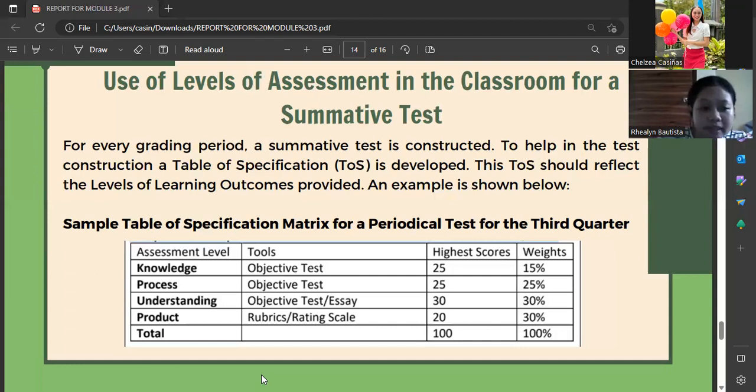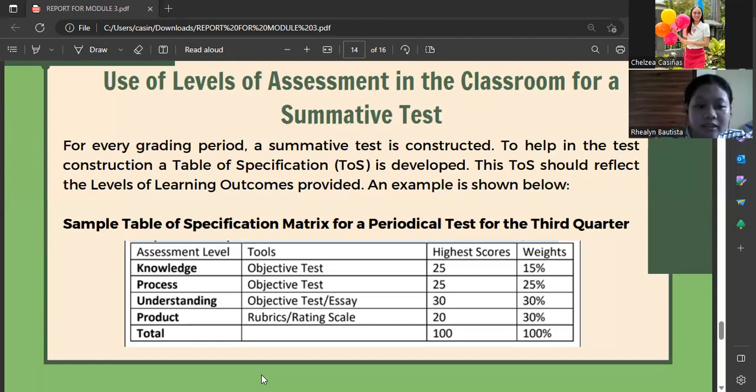Yung assessment level is knowledge, process, understanding, and product. Yung tools na ginamit kay knowledge is objective test, kay process is objective test, and understanding is objective test and essay. Sa product is rubrics or rating scale.